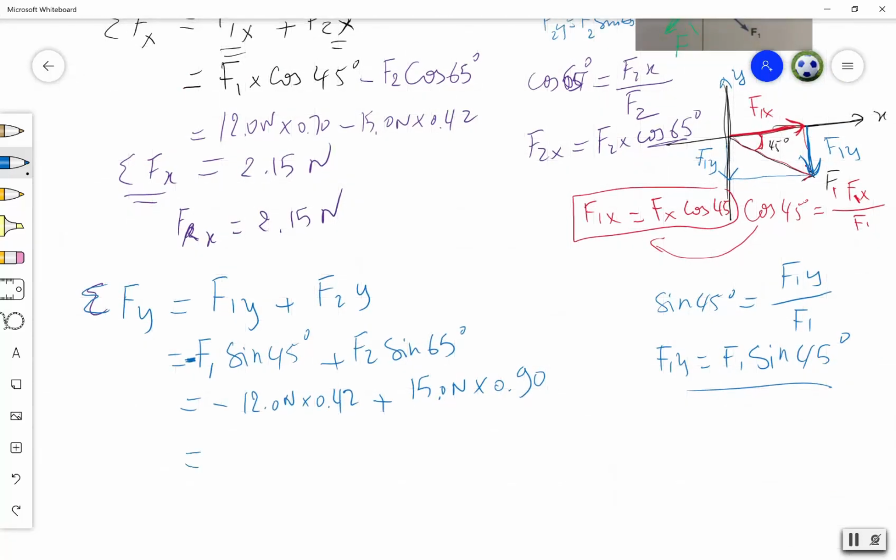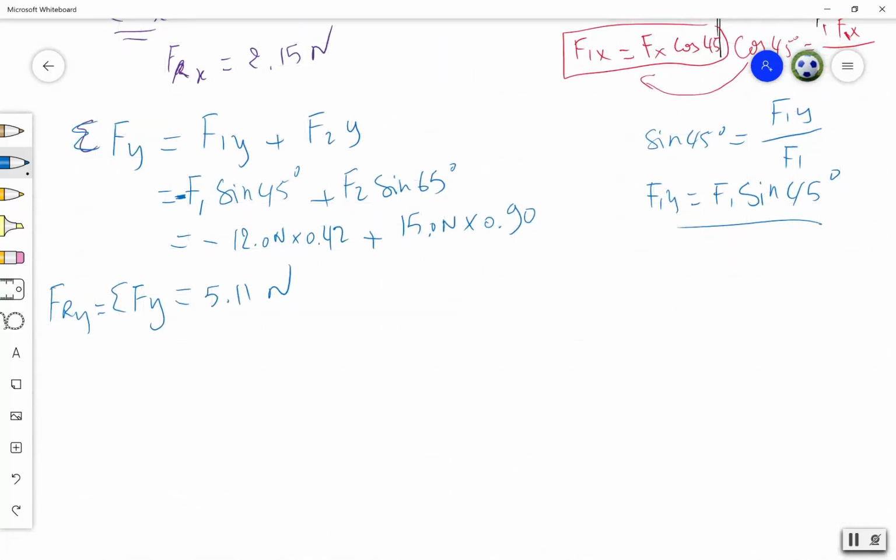And this will give me 5.11 Newton. That is FRy, which means the sum of the components on the y-axis. So we already calculated the components on the y-axis and x-axis. Let's draw this here.